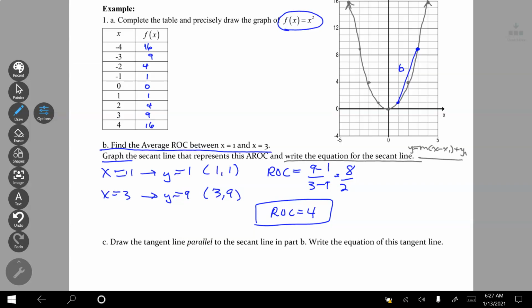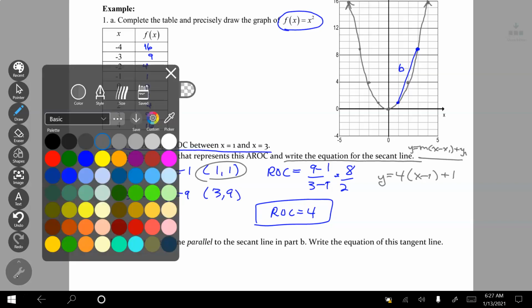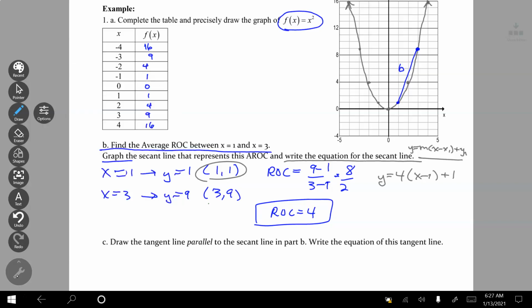I don't have to do y equals mx plus b. I could, it's just more work. So I'm going to use (1, 1): y equals 4, the slope, times (x minus 1) plus 1. Or if I wanted to use (3, 9): y equals 4 times (x minus 3) plus 9.